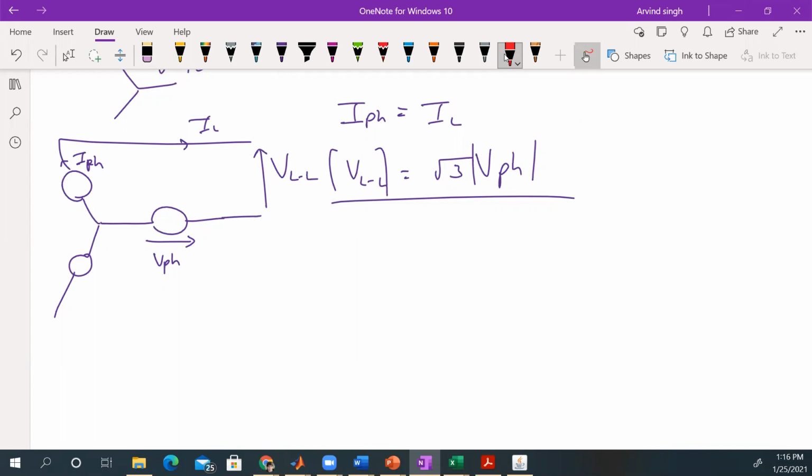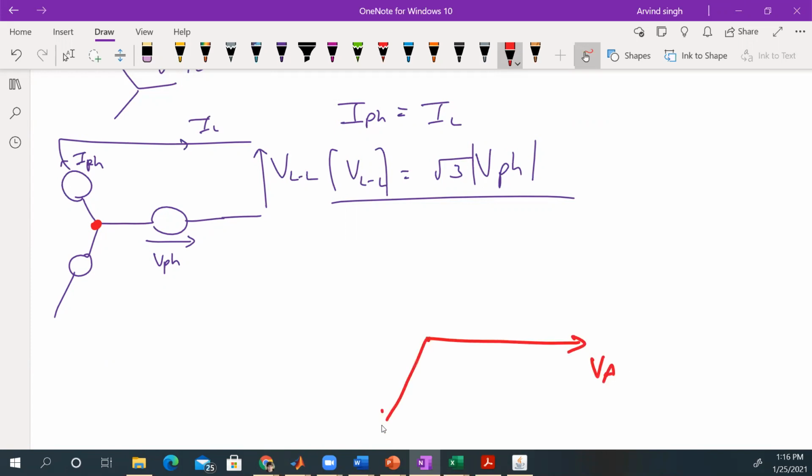So if we draw the phasor diagram for the phase voltages, that means this is 0.0 here, the ground, and we're just going to start from there, and we're going to draw the phase voltage for each one of these. So let's take this one, and we're going to have here, let's call that VA.